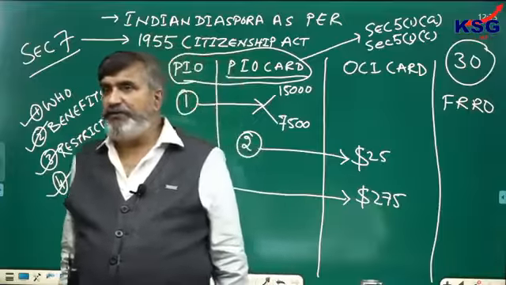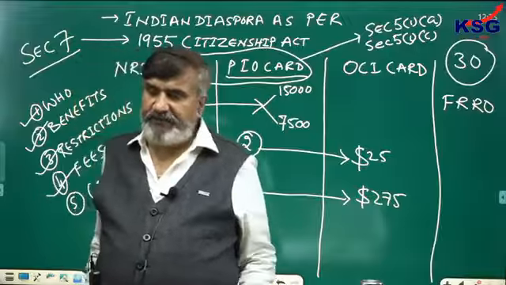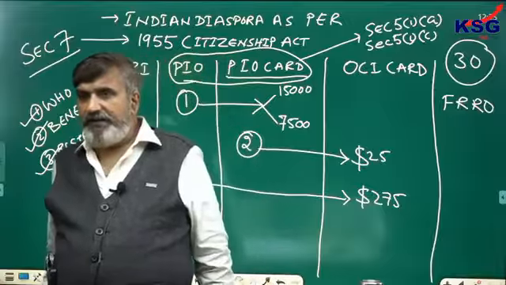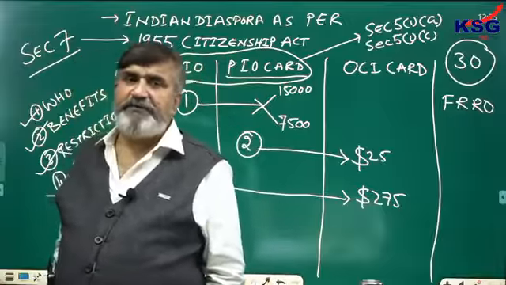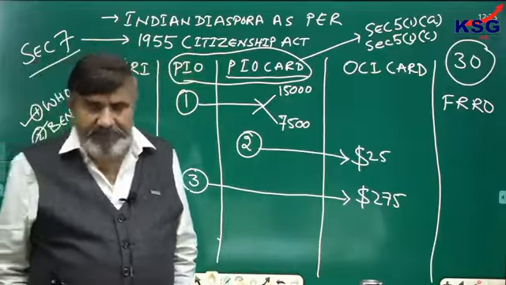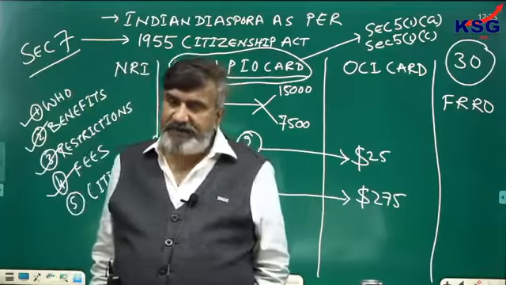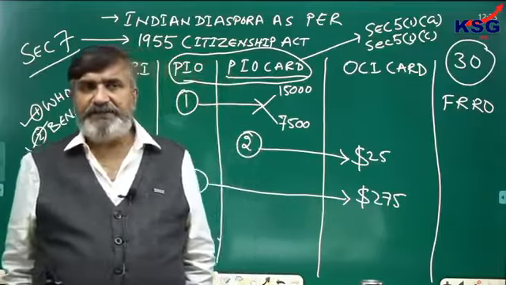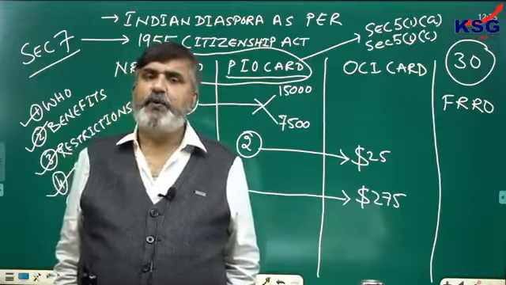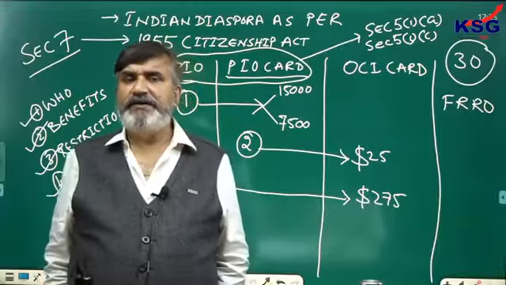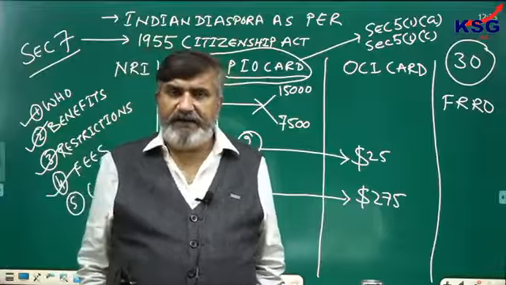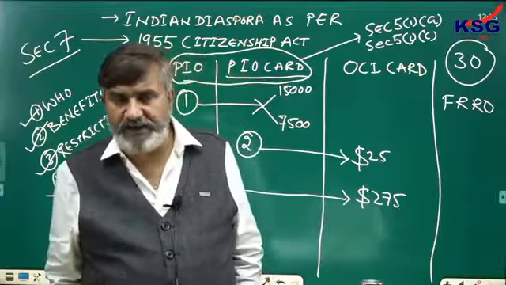See, the registered OCI card holder may get Indian citizenship after 5 years from the date of registration, provided that he or she stays in India for 1 year, and during that 1 year stay, he or she is not allowed to leave India even for a single day.